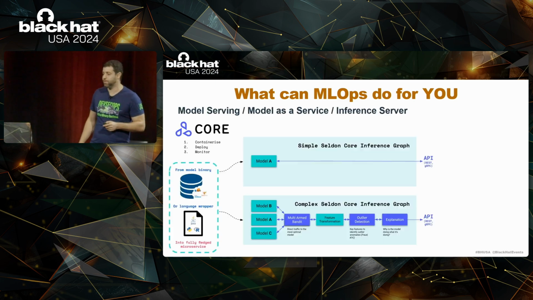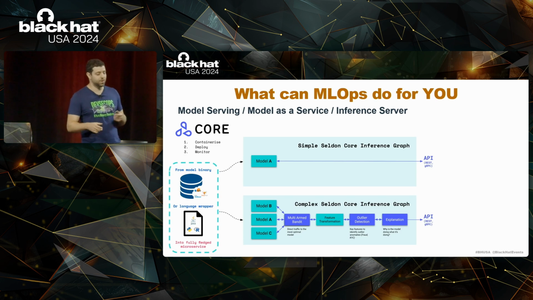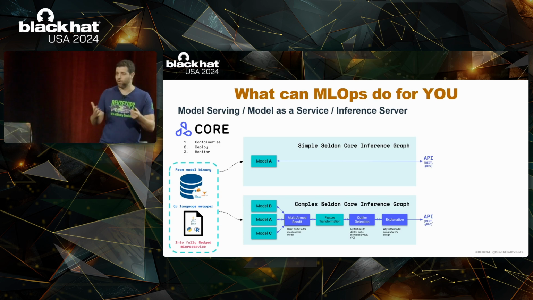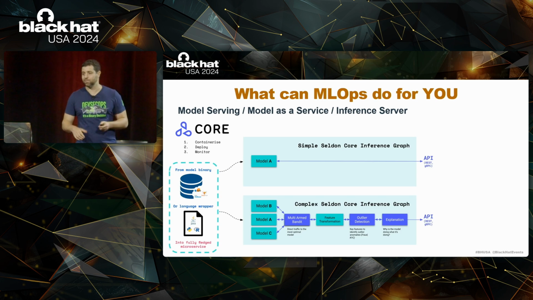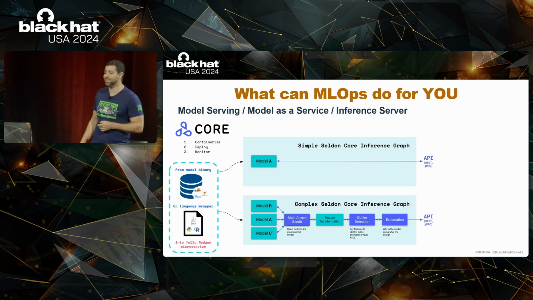So an example for that is one of the platforms that we researched, Seldon Core. So this provides model serving, or inference server, or model as a service. These are all different names for the same thing. So you give this MLOps platform your model.